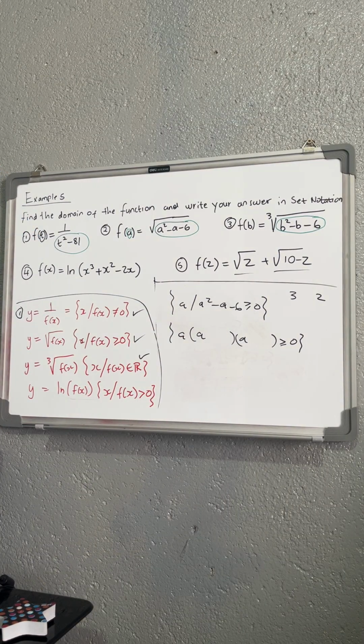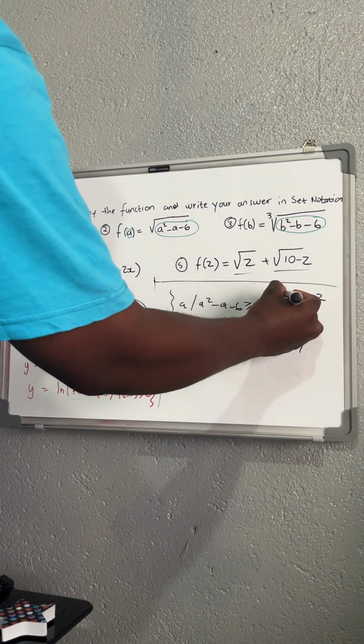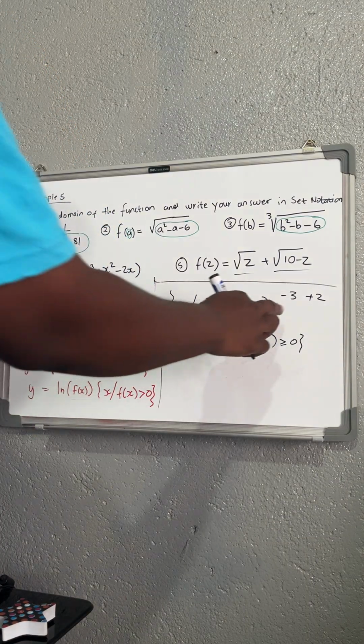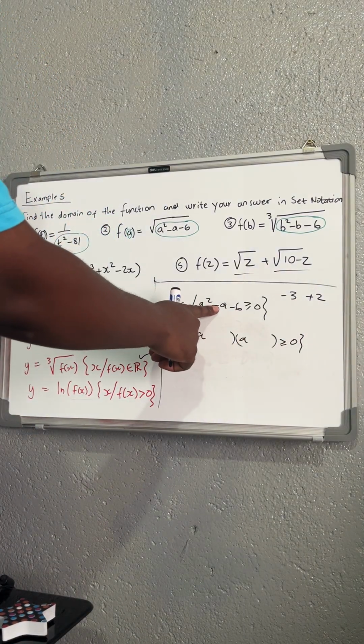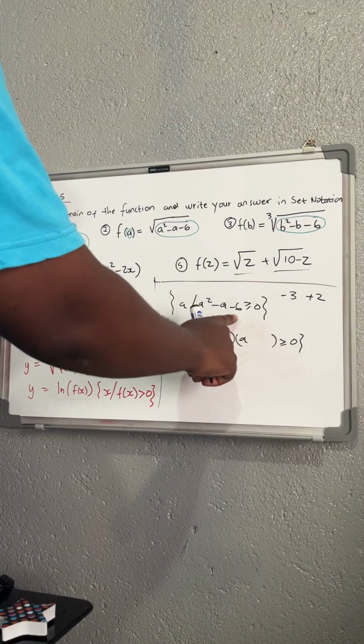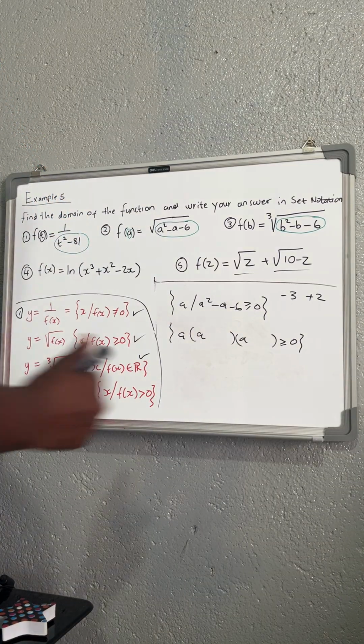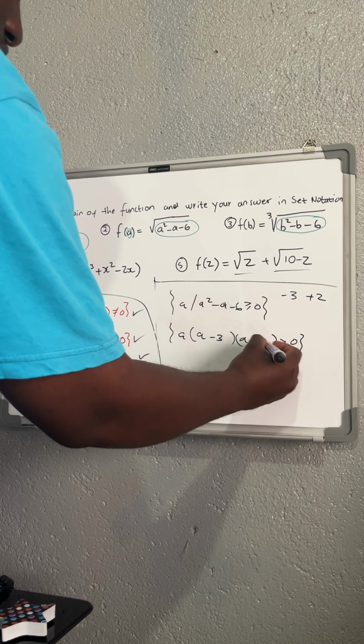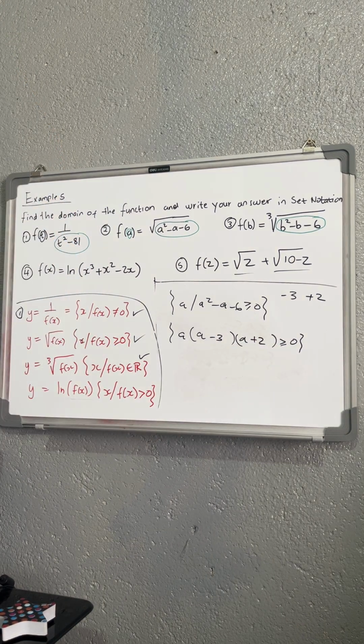Remember, this is the same as having 1. So now you can say you have your -3 and +2. If you add this, you're going to get -1. This multiplied by this is going to give you your -6. So I can write my -3 here, then the 2 this side.